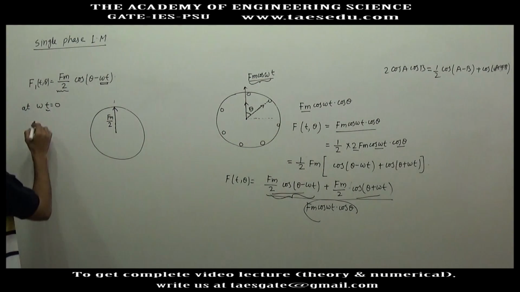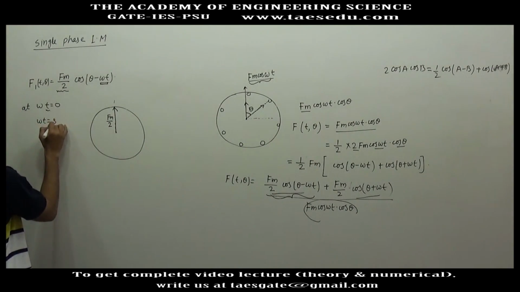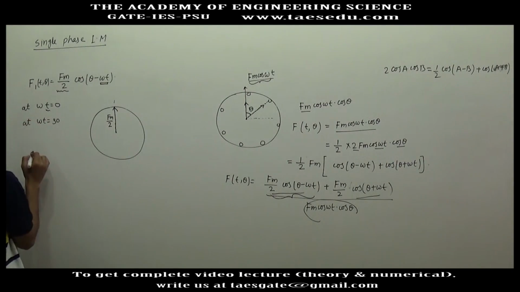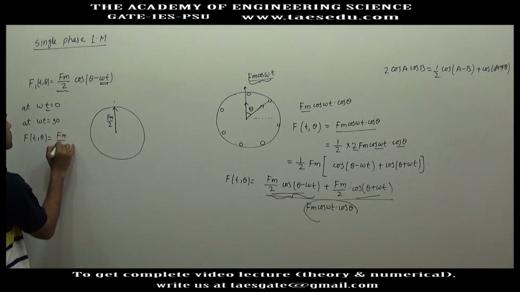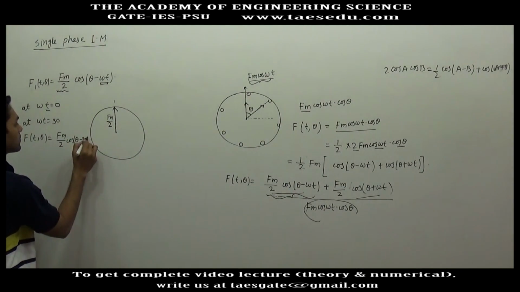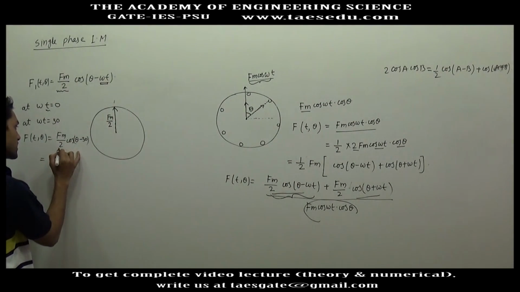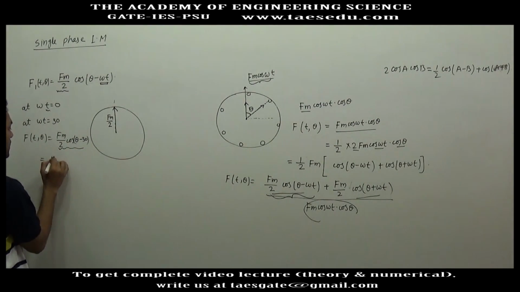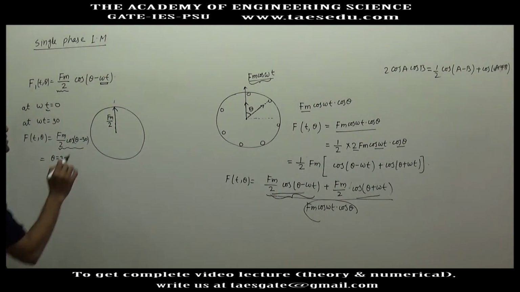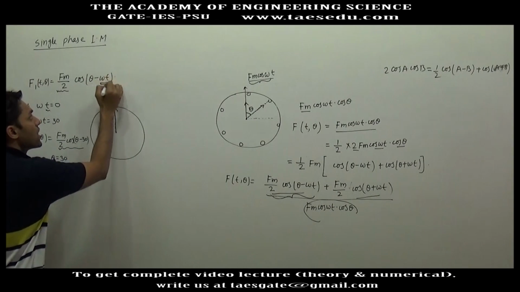Now suppose omega t equal to 30 degree. At omega t equal to 30 degree, f(t, theta) will be Fm by 2 cos(theta minus 30 degree). To maximize this quantity, you will have to put theta equal to 30 degree. As time varies, omega t will be varying.